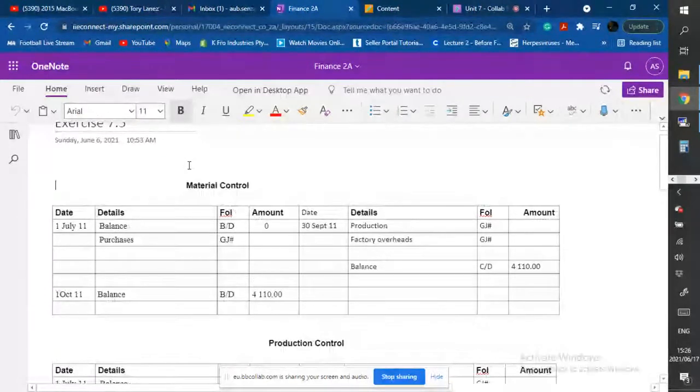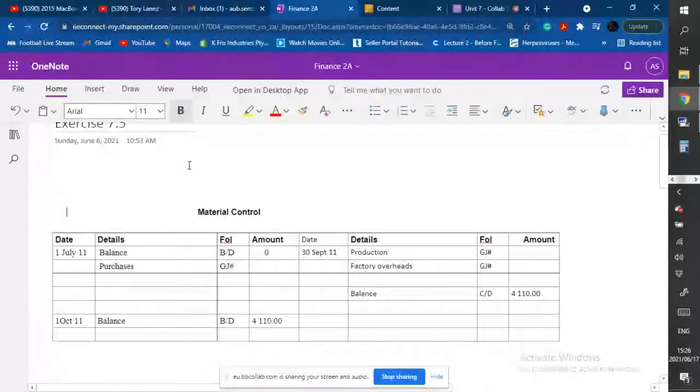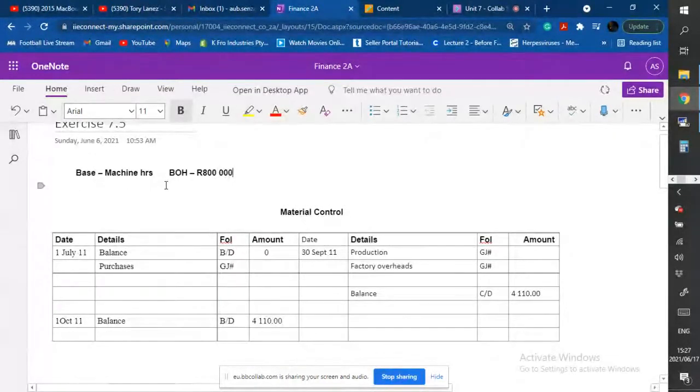So we have our budgeted overheads. Let's see if I can squeeze this in somewhere here. So our base is, what is it? It is machine hours. And then what else? What are the key information? Budgeted overheads is our 800,000.